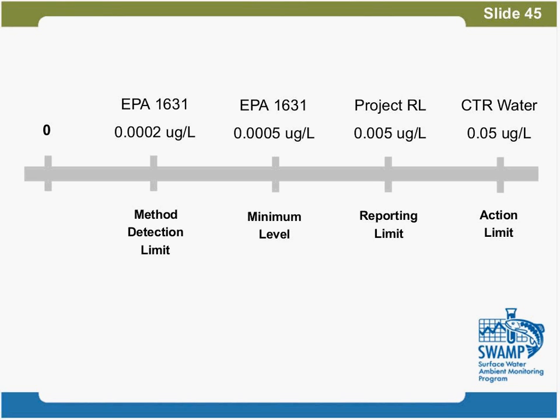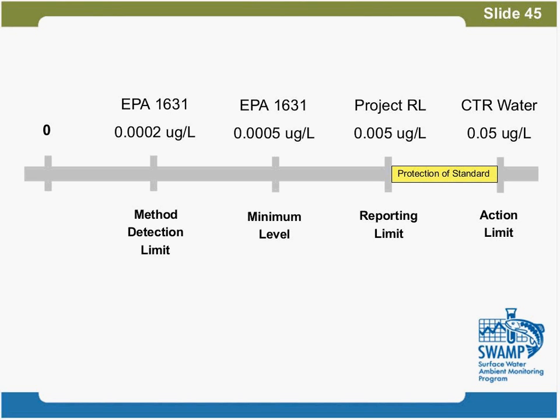And I found a really nice method that we think is going to work for this. EPA method 1631. There are tons of labs in California that run it. It's not too expensive, and it meets our criteria for both the method detection limit and the minimum level because it's below our reporting limit.